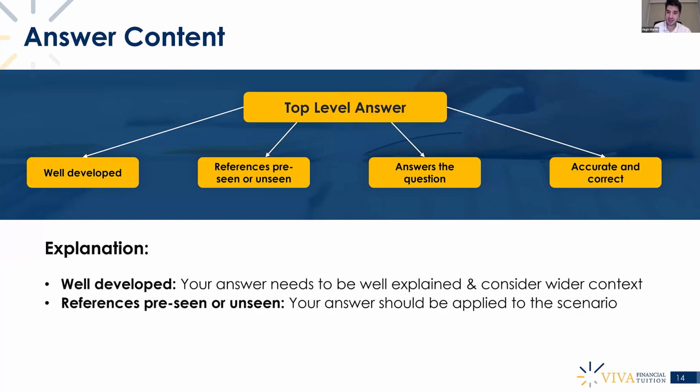That's what the examiner likes to see, is the use of that information inside an answer. And that goes for the unseen information, the information from the scenario as well. The unseen information is a lot easier to integrate into your answer because your question will be normally based on a scenario. So you can use that scenario inside your answer, whereas the pre-seen is just a very large document that is based on lots of different things.